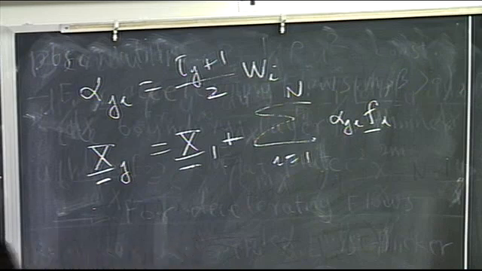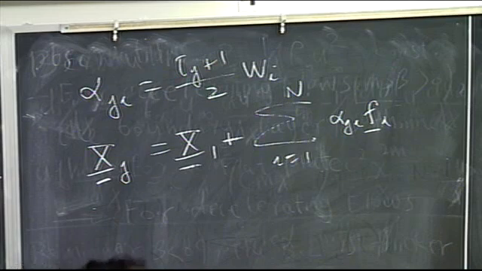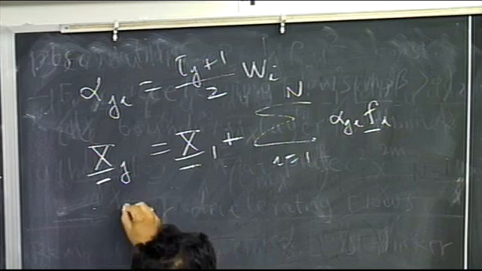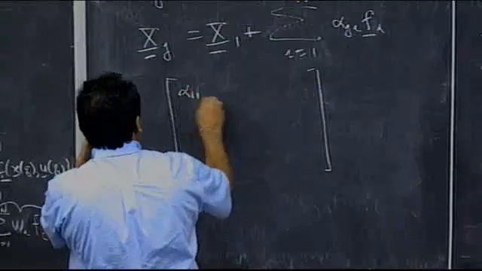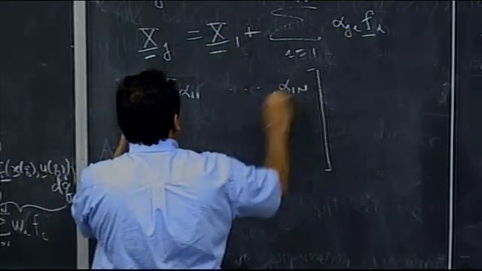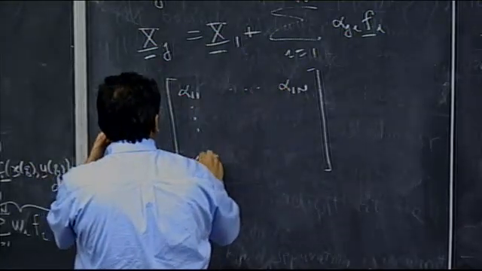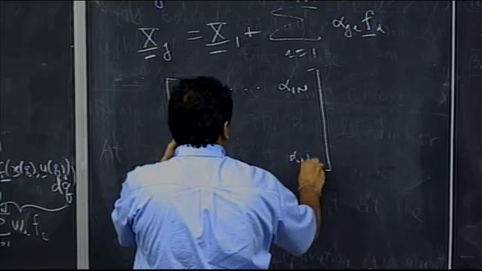Now I have a new matrix over here. I've got this matrix of alphas. So if I take this matrix of alphas, I can string those out into a matrix like this. Alpha 1,1, alpha 1n, alpha n1, alpha nn.